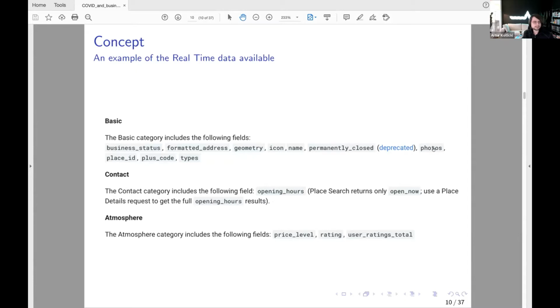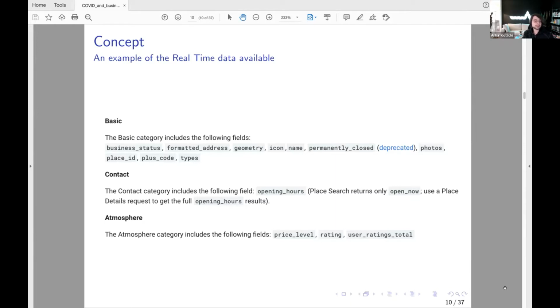Besides the very basic information, such as the location of the business and its name, it provides us what we kind of want, which is the business status, whether it's open, permanently closed, or temporarily closed. On top of that, it adds further information such as the opening hours, which we can use as an indication of how well the business is currently performing, for example, during COVID restrictions, so whether they have restricted the amount of operating hours and hence impacted the economic output.